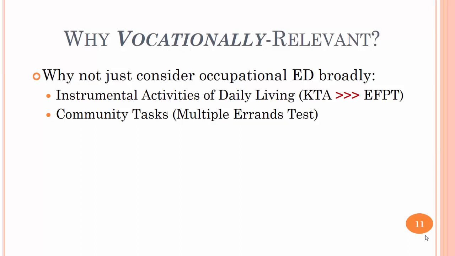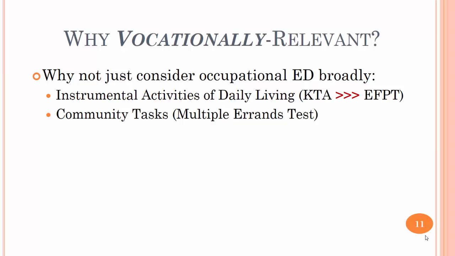That's the argument I'd like to make, but let me ask, why should we not just consider occupational executive dysfunction broadly? For example, looking at instrumental activities of daily living, with the kitchen task assessment that has been the basis of the executive function performance test developed by Carolyn Baum and Dorothy Edwards and their colleagues.